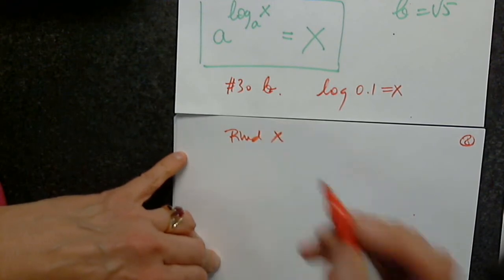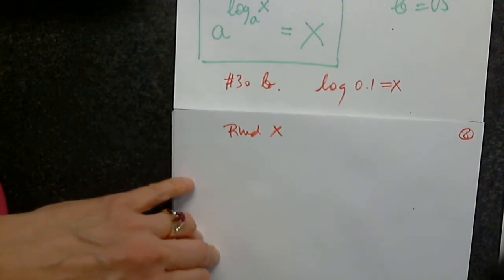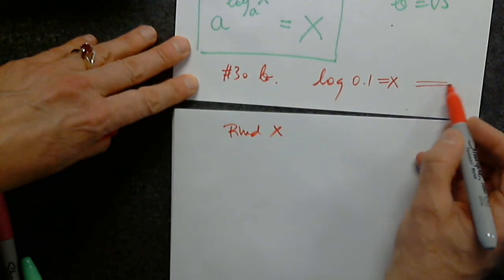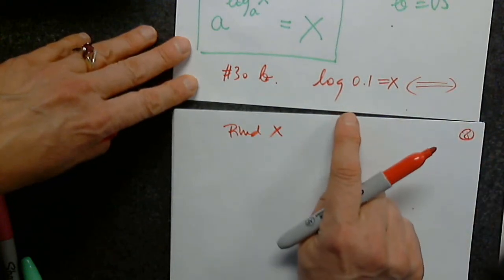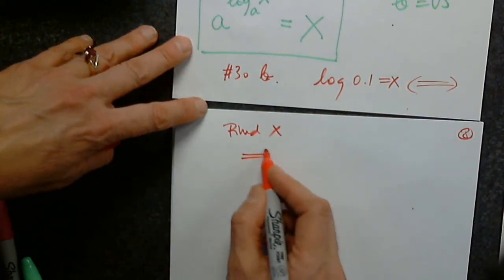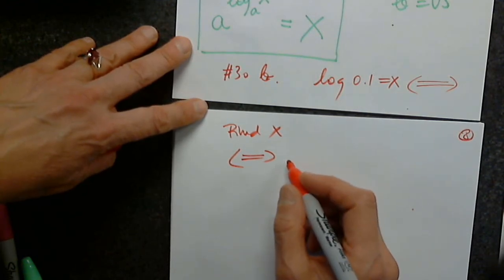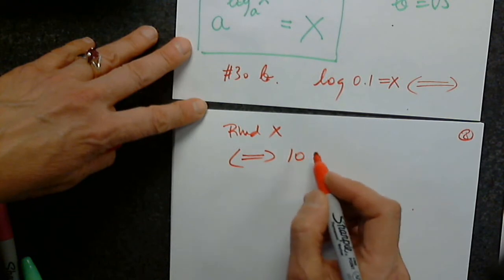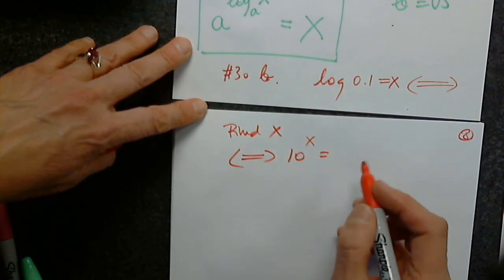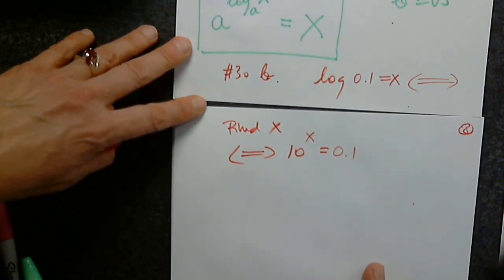I don't know what this is, but I know what type of equation it is, and it can be easily changed into 10 to the x equals something.